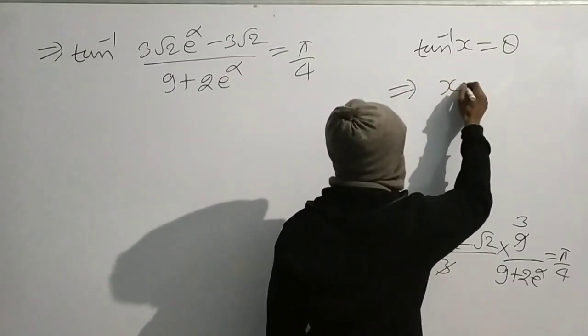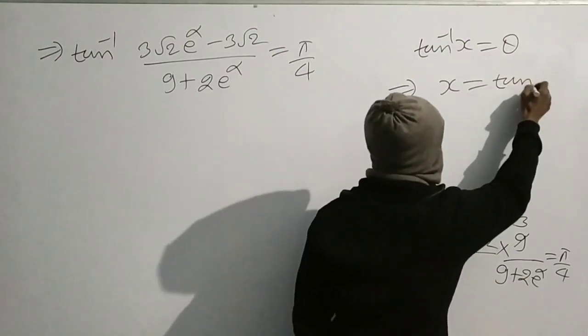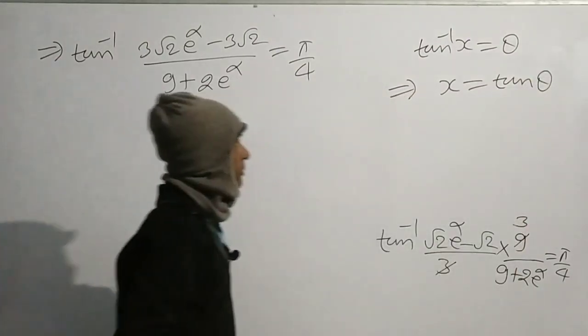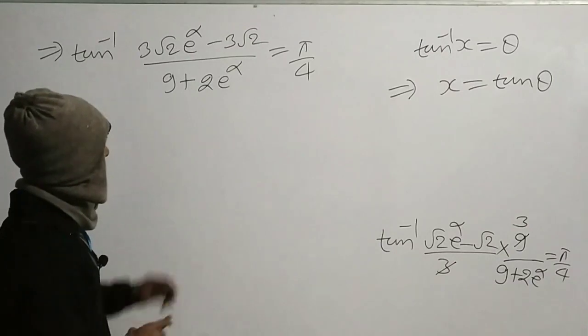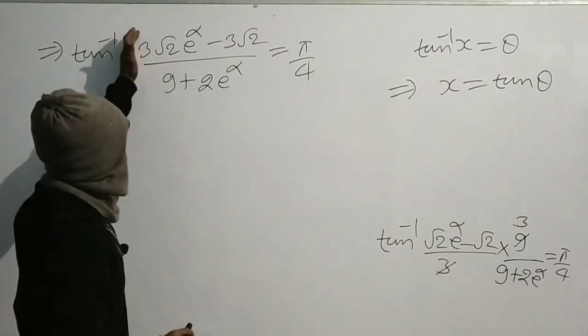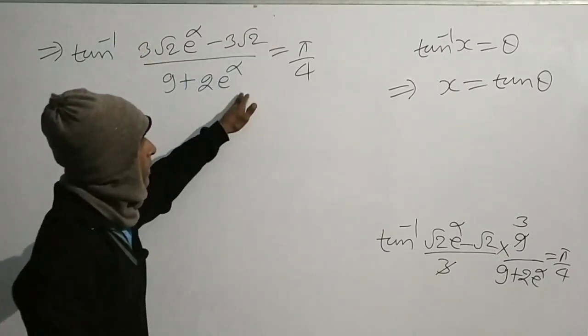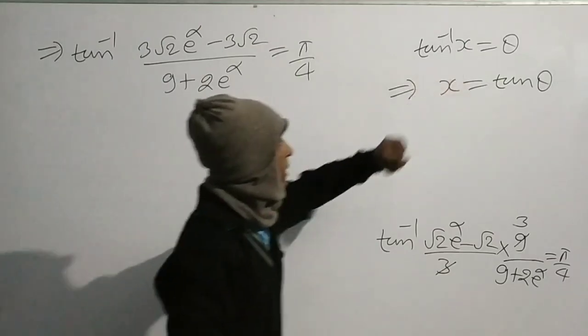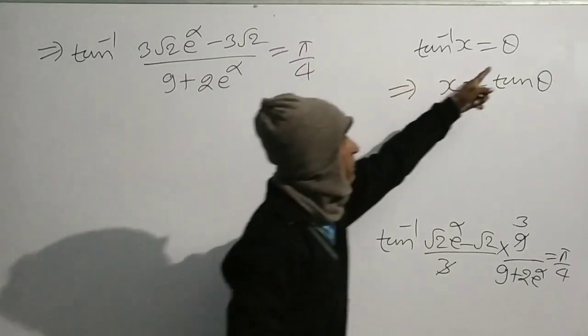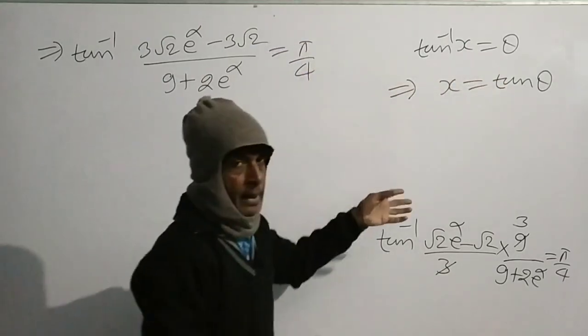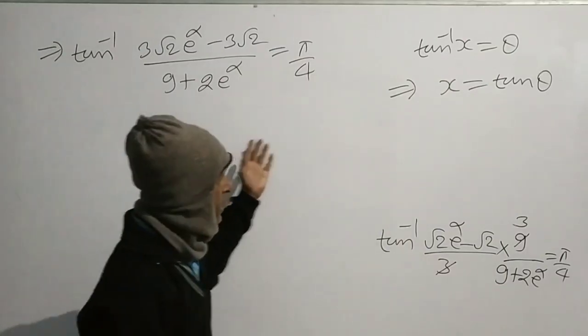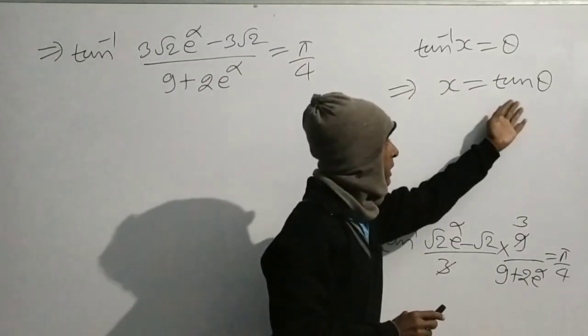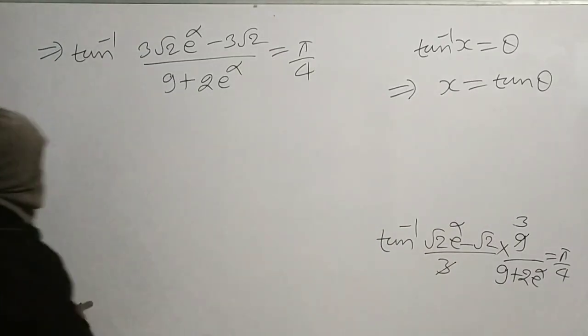That means x will be equal to tan theta. Assume this in place of x and this pi by 4 in place of theta, and write the next step using this formula.